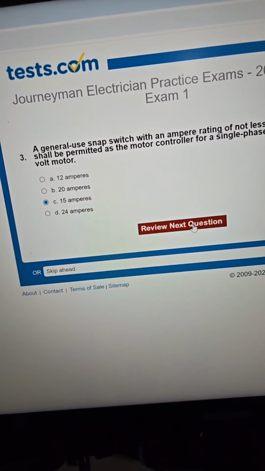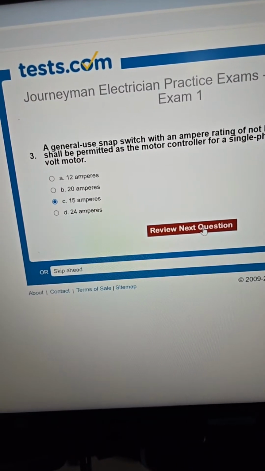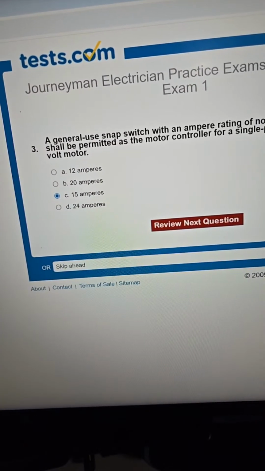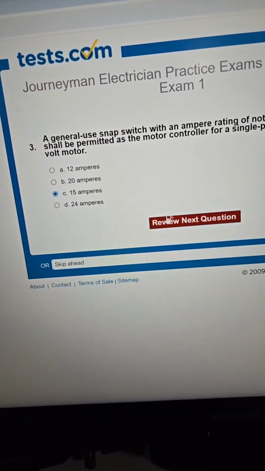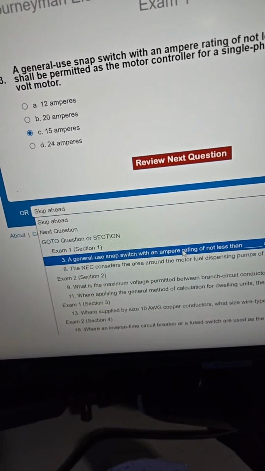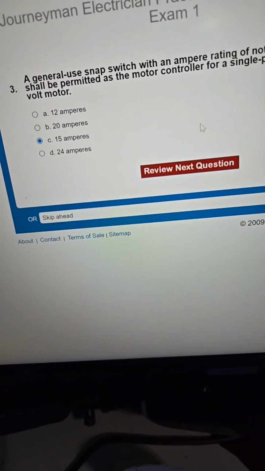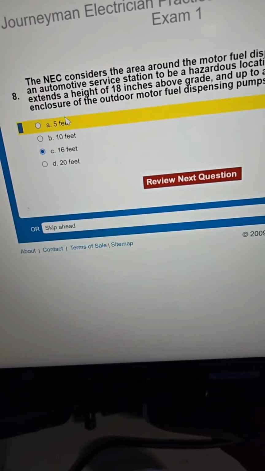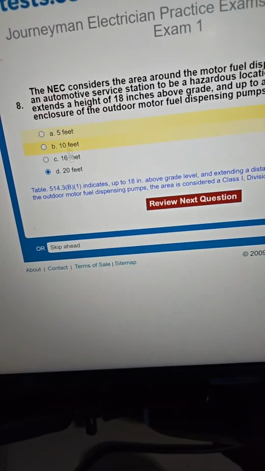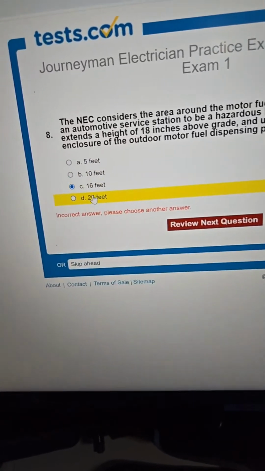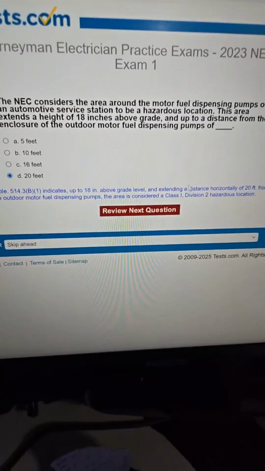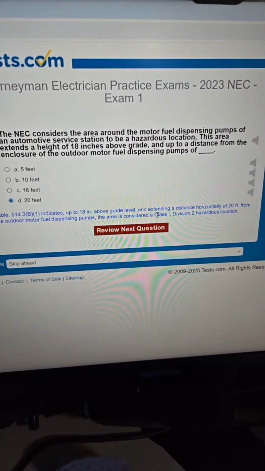How do we review? Reviewing questions, skipped answers, review mode. Where do we see the answer? I want to know the answer. Is it going to tell us the answer? Okay, so we just got to know what it is. Perfect, now we know how to work it. So we could look that up in Article 500.